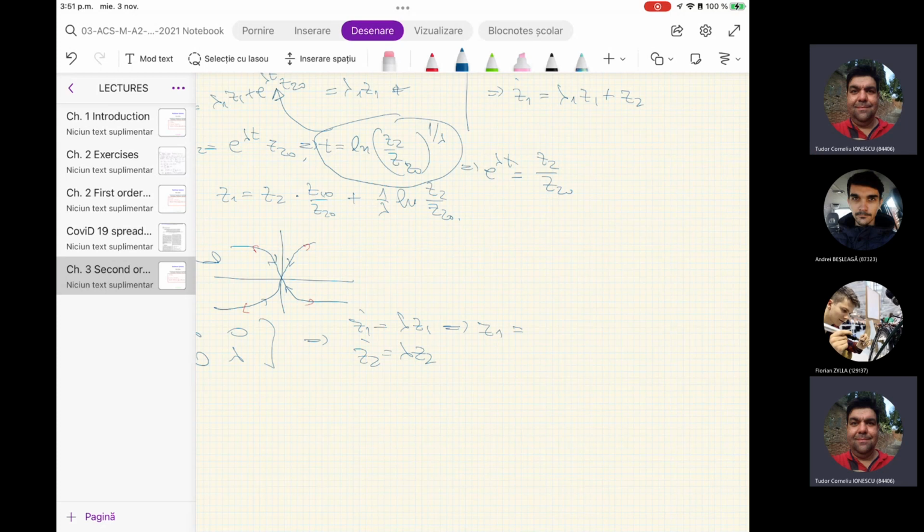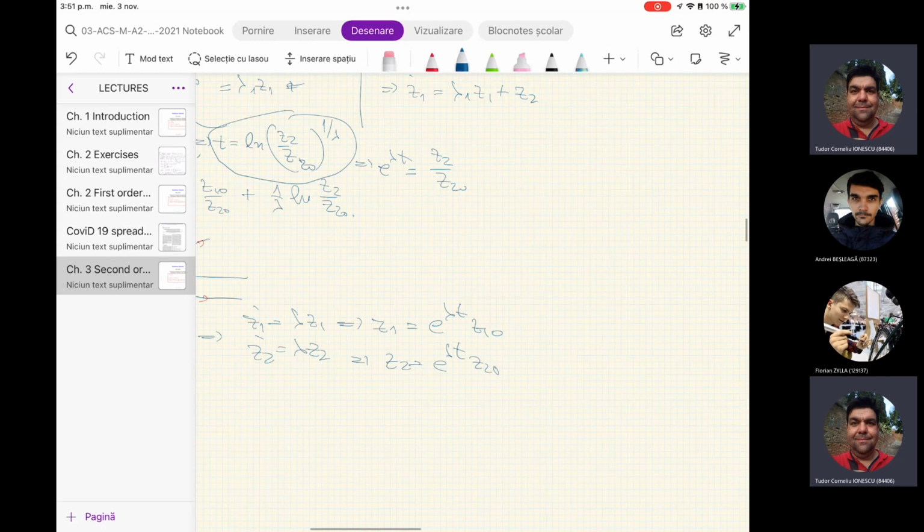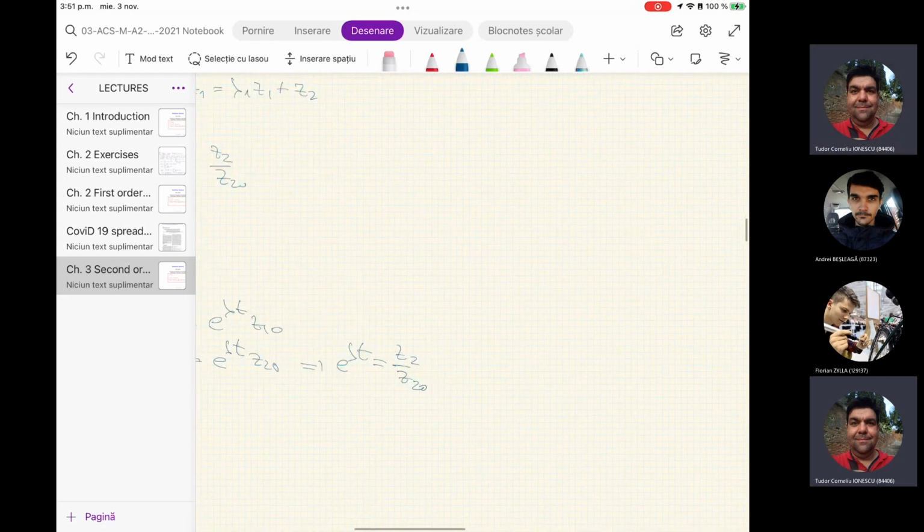Z1 is e to the lambda t Z1 naught. Z2 is e to the lambda t Z2 naught. So you get e to the lambda t is Z2 over Z2 naught.